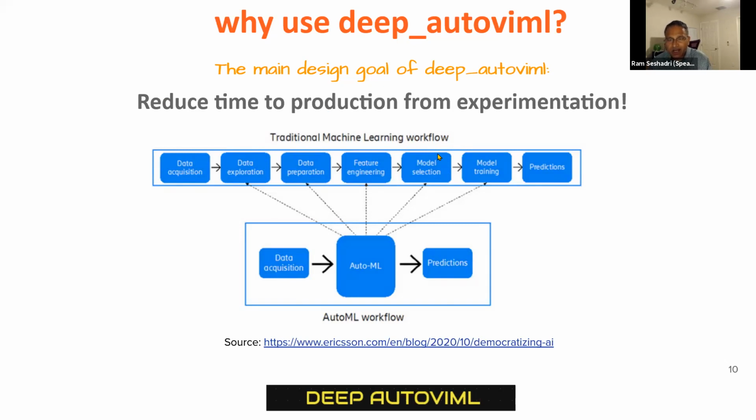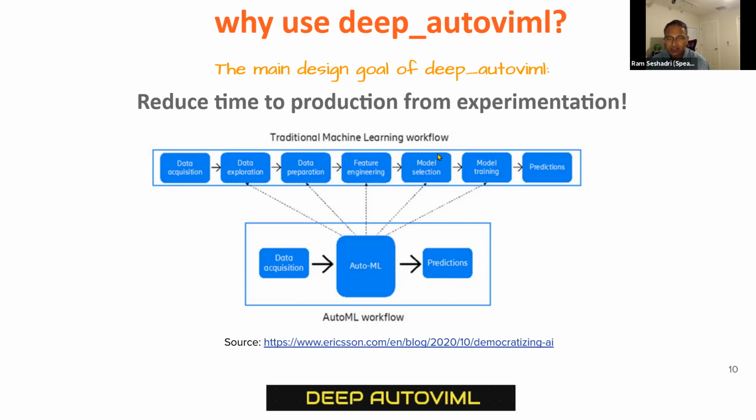One of them is how is it different from other AutoML solutions? So there's another great product called AutoKeras, and it's got its own following. What I am finding with Deep AutoViML is that it goes a bit beyond.